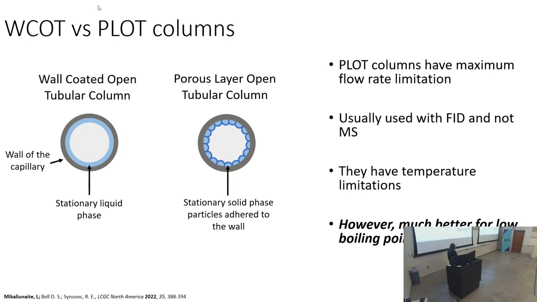While the wall-coated columns have a stationary liquid phase on top of the capillary, in the PLOT columns we have solid phase particles that are adhered to the wall. Due to that, they have some limitations, like they can't really go high in flow rate.